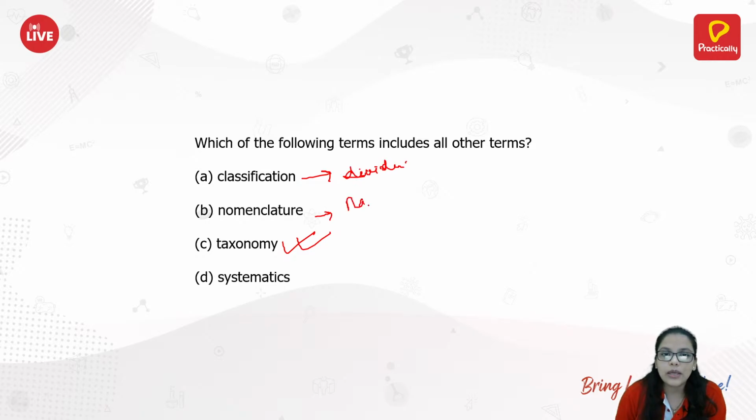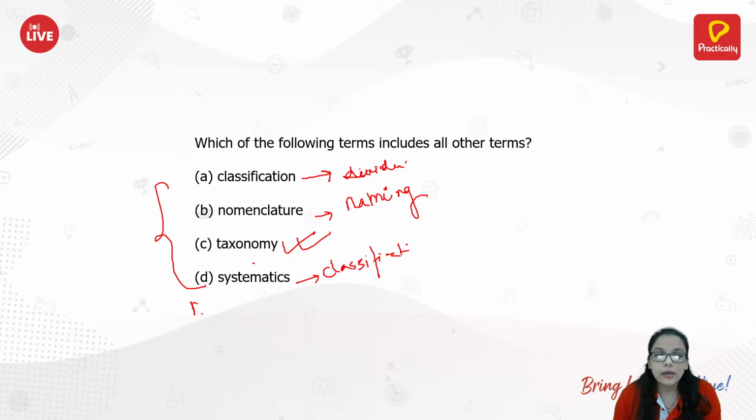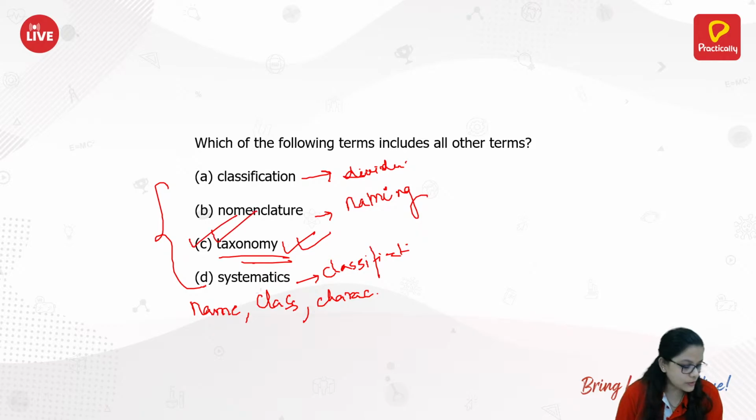Nomenclature is just naming. Systematics is again just classifying. And taxonomy is the sum total of everything: name, classification, then characteristics. The sum total of everything becomes taxonomy. So the answer is taxonomy.